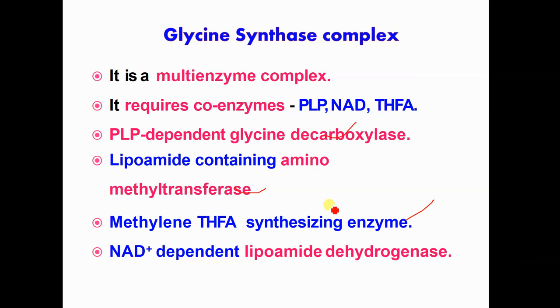So overall these four enzymes work together and convert your carbon dioxide, ammonia and your one carbon fragment into glycine.